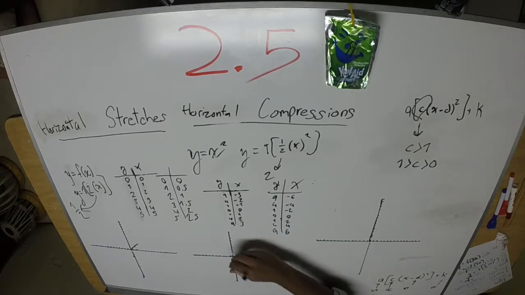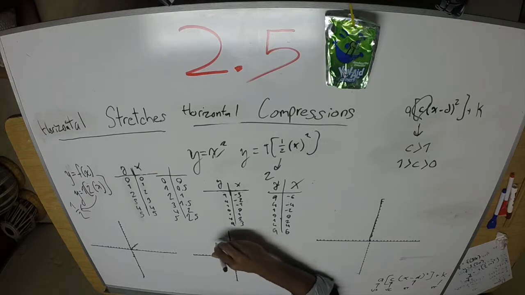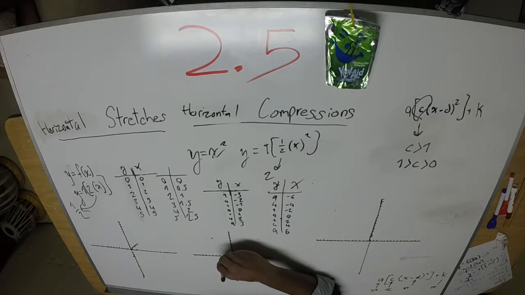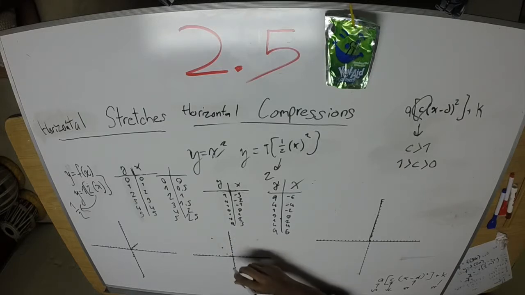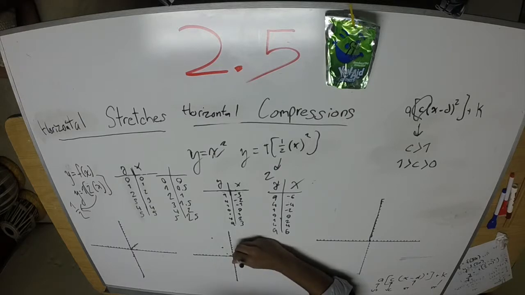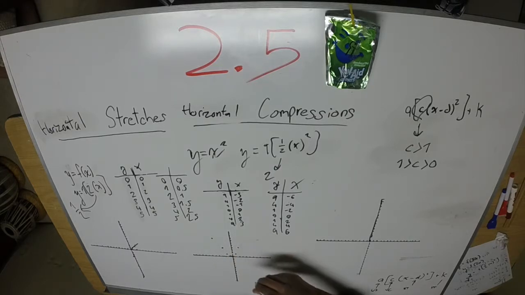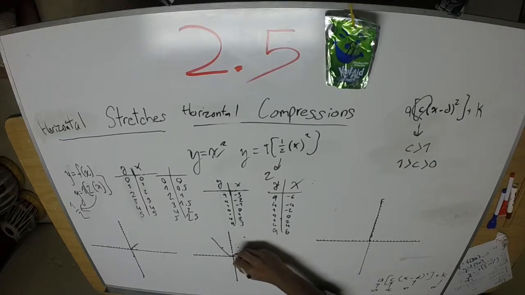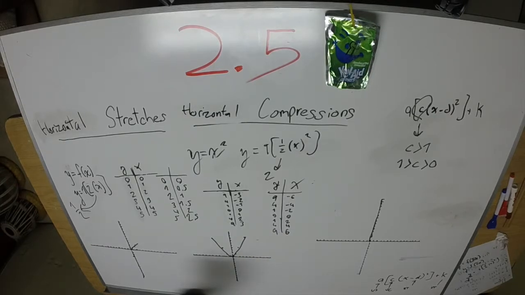Drawing that out, we start at -6, and we go all the way up to 9. -4 goes up to 4, -2 is at 1, 0 is at 0, 2 is at 1, 4 is at 4, and 6 is at 9. Great. You can see it's a little wider than a regular parabola. That's because we applied a horizontal stretch to that.